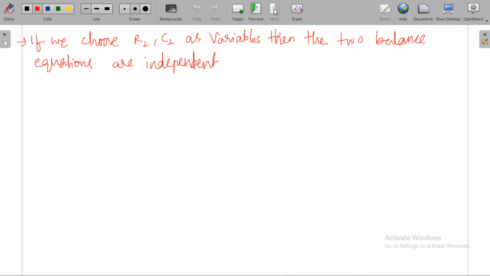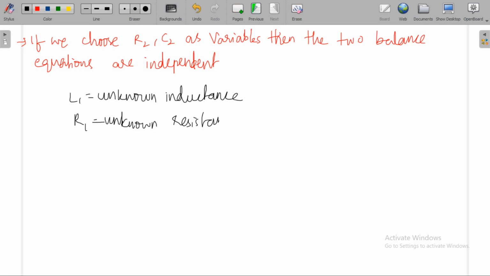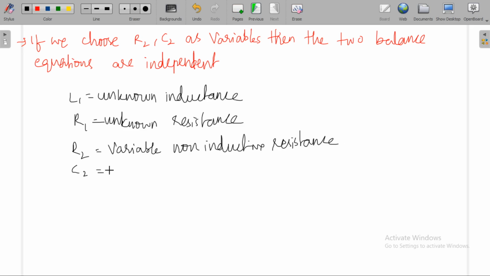Here you can write: L1 is unknown inductance, R1 is unknown resistance, R2 is variable non-inductive resistance, whereas C2 is variable standard capacitor.